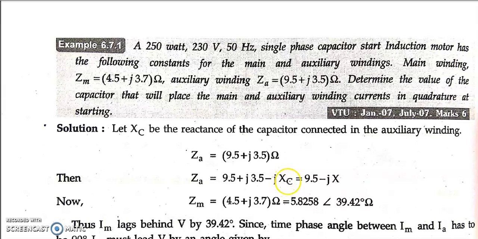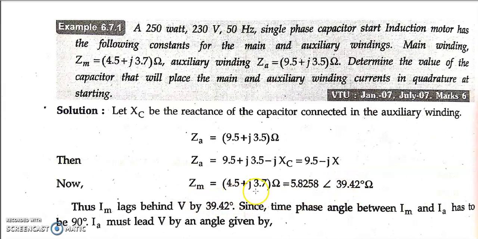We don't know the value, so I write it as jXc, and take minus j as common. Then into the bracket it becomes Xc minus 3.5. I'm calling Xc minus 3.5 as X. So X is equal to Xc minus 3.5.